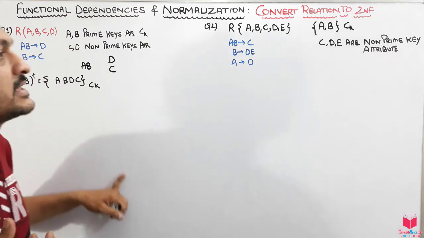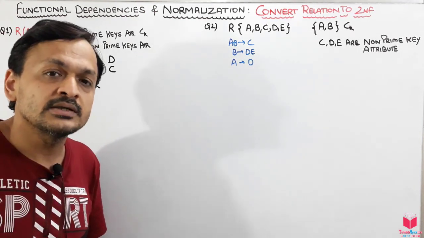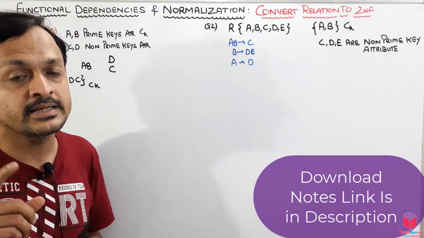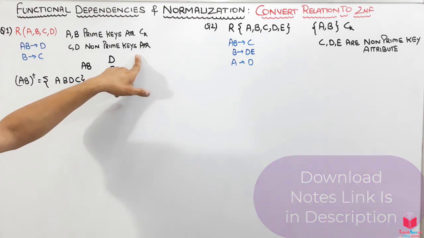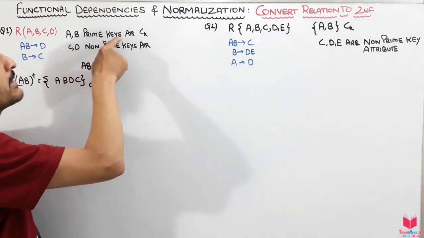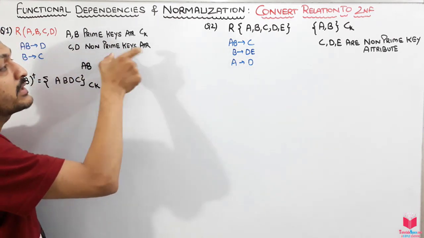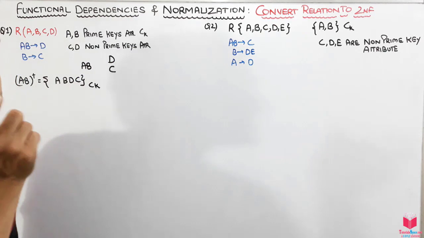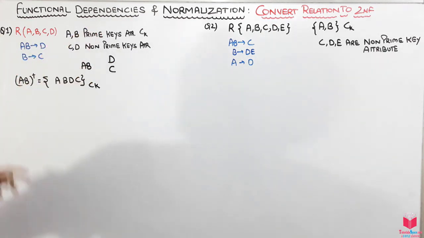The next step says that if you want to convert a table into second NF form, one condition should hold: all the non-prime key attributes should be fully functionally dependent upon the prime key attribute. So AB are the prime key attributes.